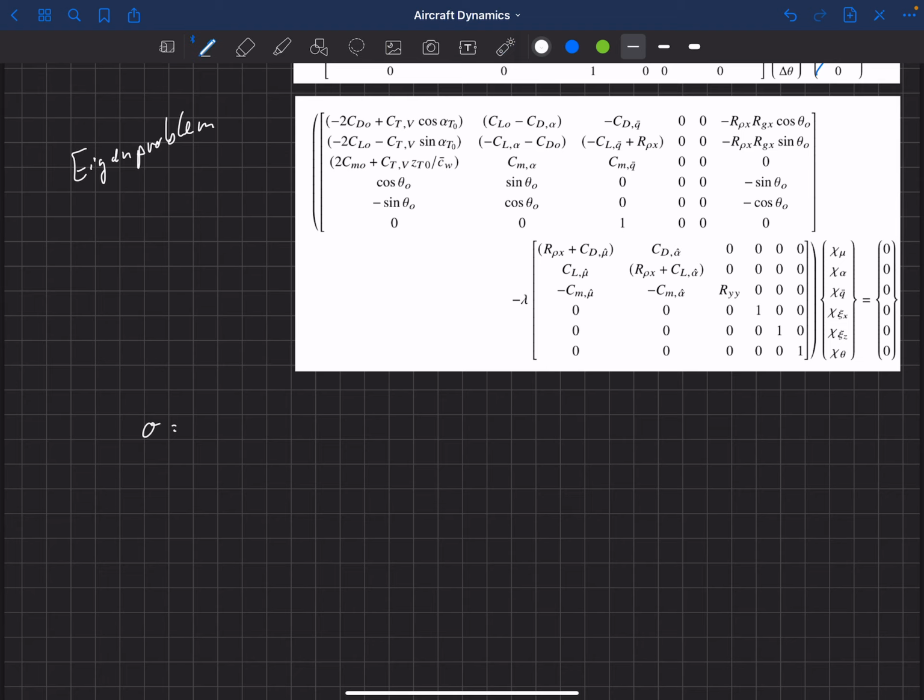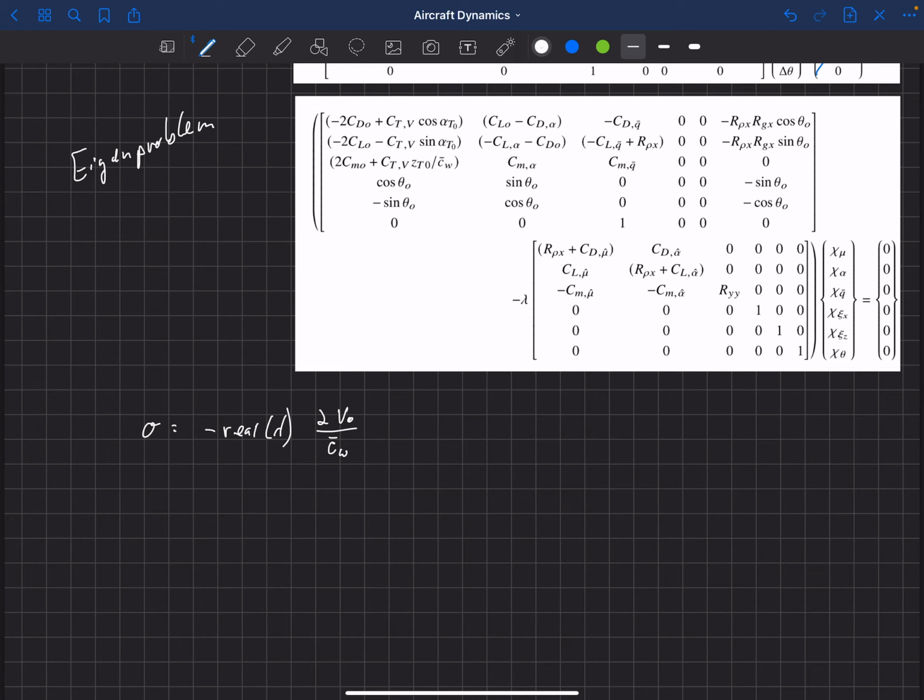For example, the damping rate is usually minus the real part of lambda that comes out. But because we're looking at this non-dimensional system for these longitudinal equations, when we re-dimensionalize to get it in dimensional form, we're going to need to multiply that by 2 V naught over c bar w.